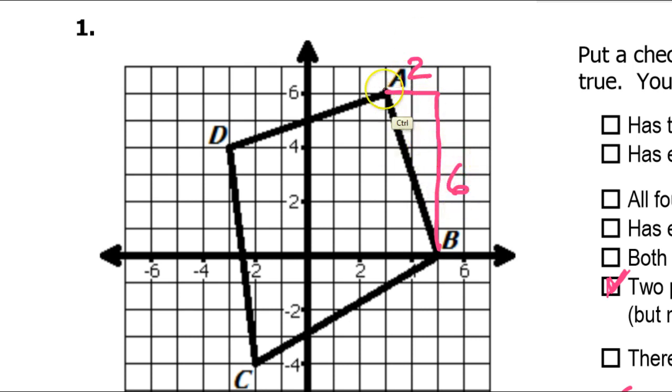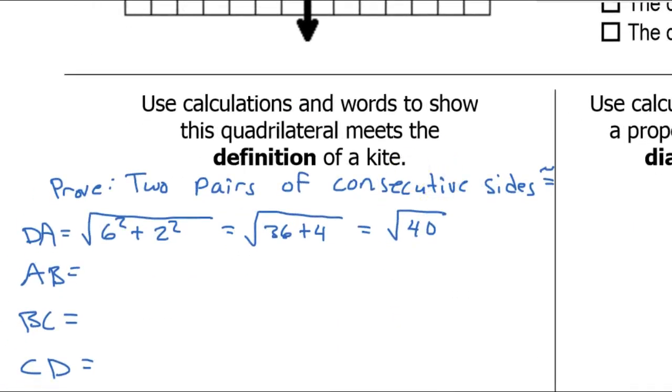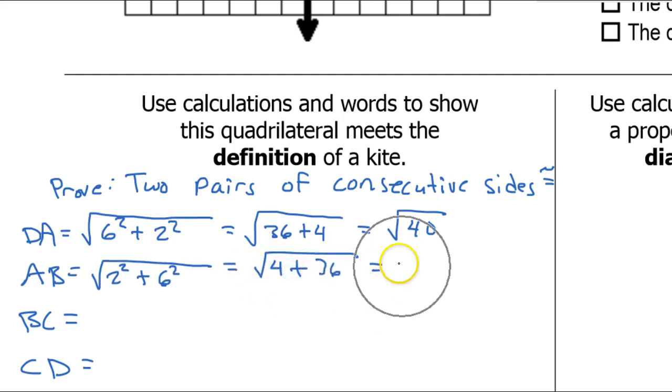So doing the Pythagorean theorem, I'm going to get the square root of 2 squared plus 6 squared. That's the same thing we had before. So this is going to be the square root of 4 plus 36. And so again, that'll be the square root of 40. So far I have a pair of consecutive sides that are congruent.